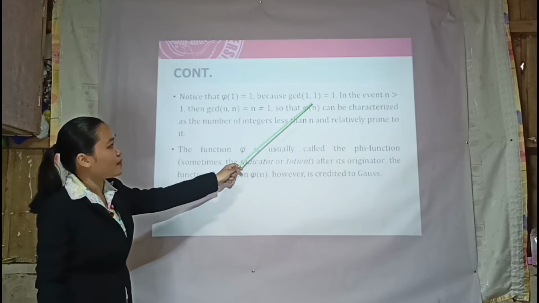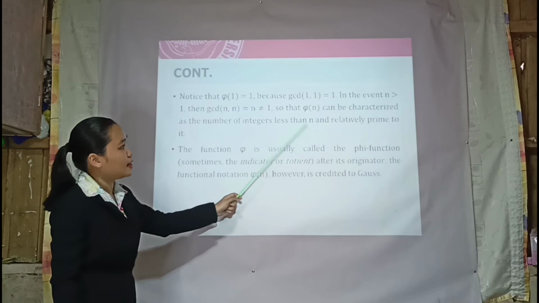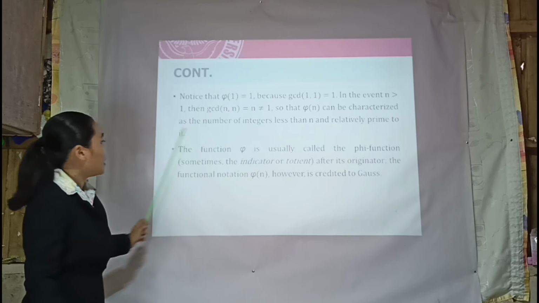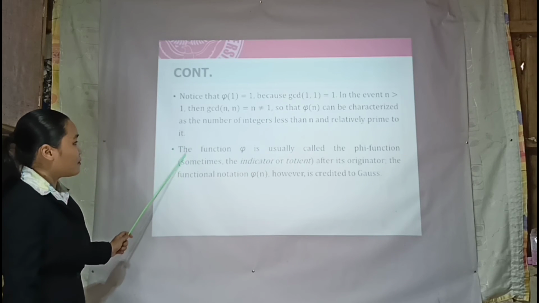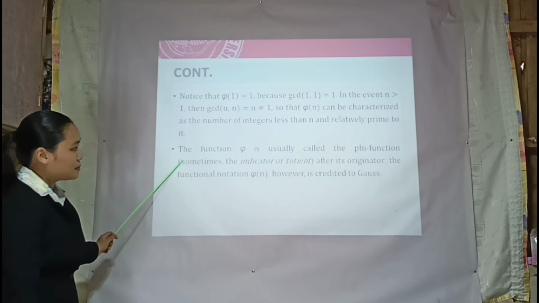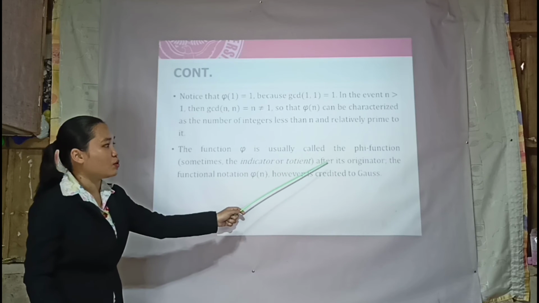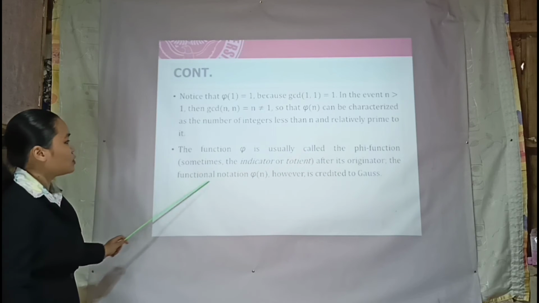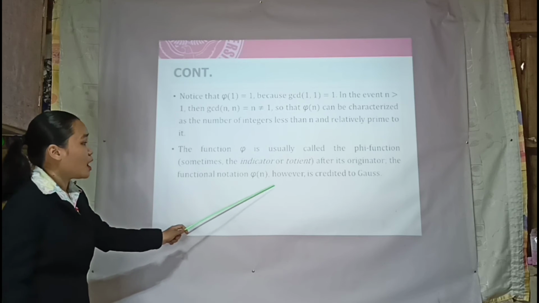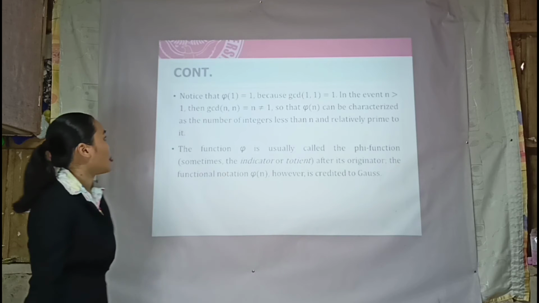So phi of n can be characterized as the number of integers less than n and relatively prime to it. The function phi is usually called the phi function, sometimes the indicator or totient after its originator. The functional notation phi of n, however, is credited to Gauss.